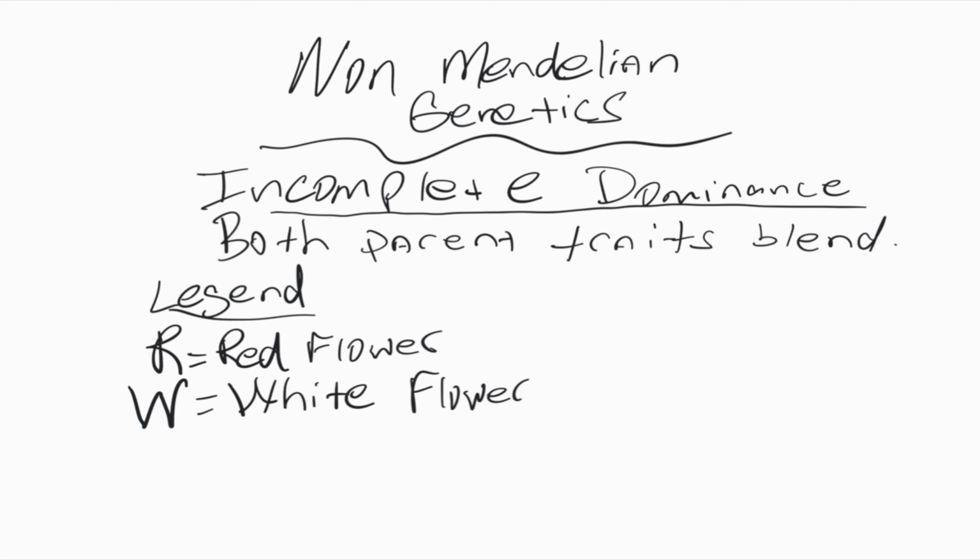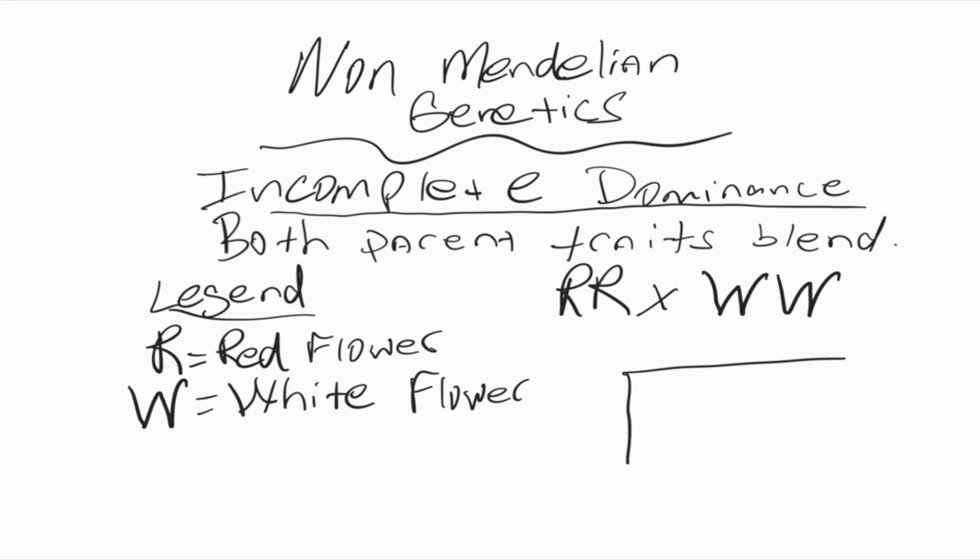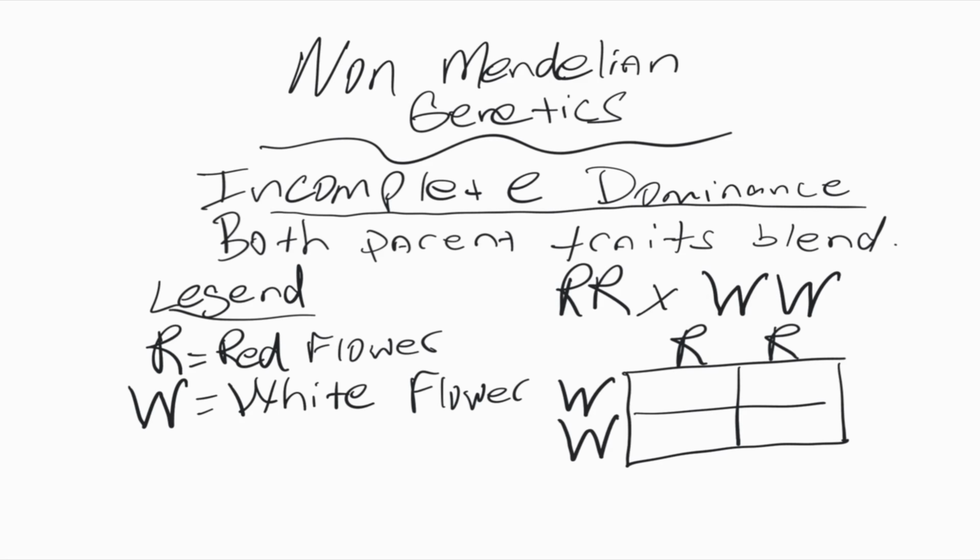Okay, let's do the work. Parent number 1, homozygous dominant for red, times parent number 2, homozygous dominant for white. Draw your Punnett square. Capital R from parent 1, capital W from parent 2. Offspring 1, pink. You get a blending of both.